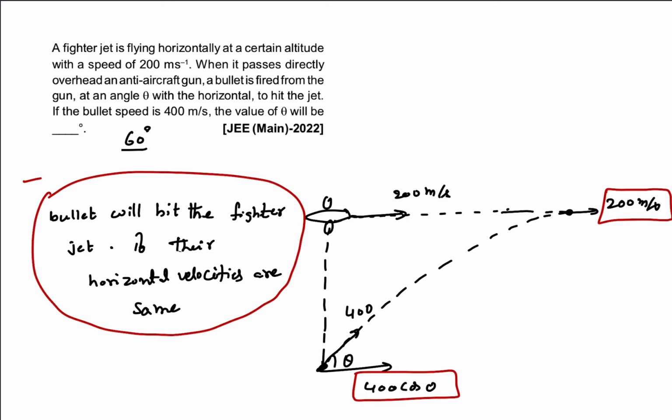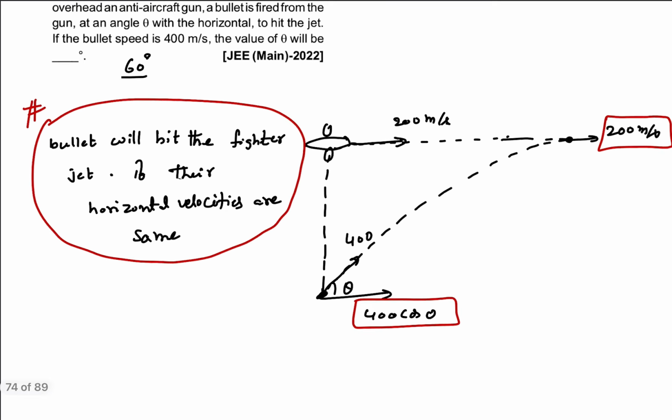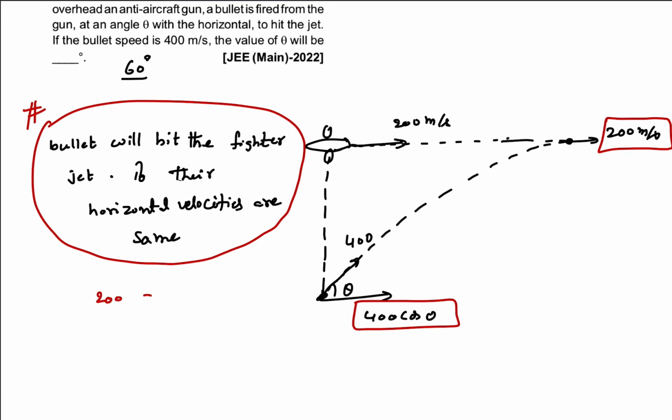I am taking the horizontal velocities are the same. This is the main point here. We can see 200 is equal to 400 into cos theta. From this cos theta is equal to 1 by 2, theta is equal to 60 degrees. This is our required answer.